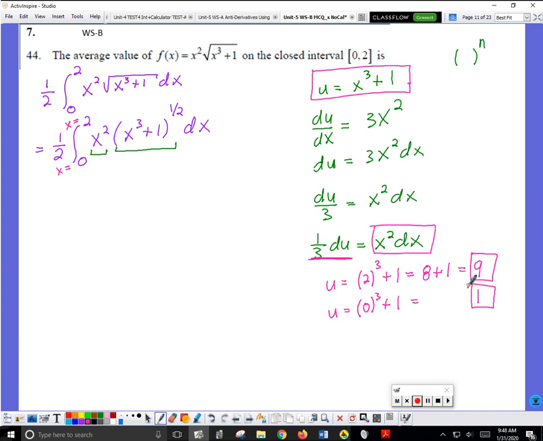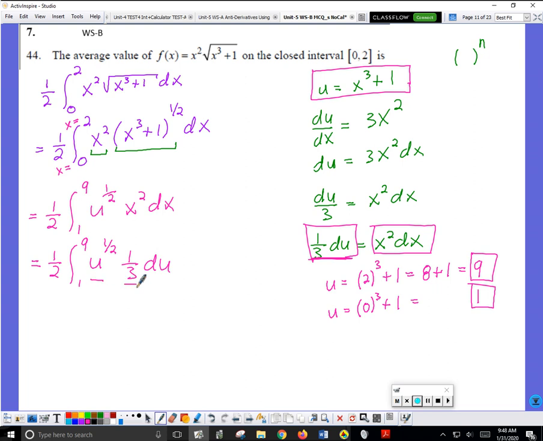Plug it all in. 1/2, 1, 9. I write this first, it's easier. U to the 1/2. Then I have x squared dx. But x squared dx is just 1/3 du, so this becomes 1/2, u to the 1/2, 1/3 du.